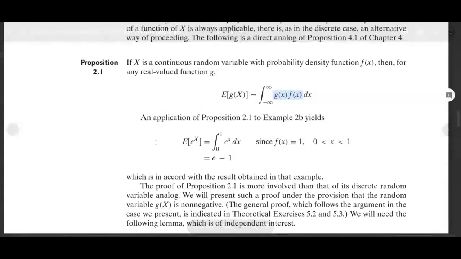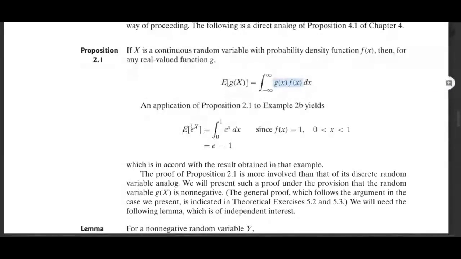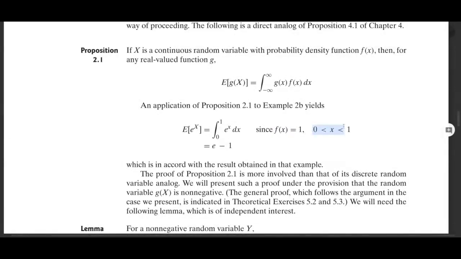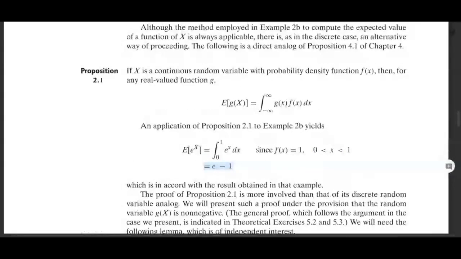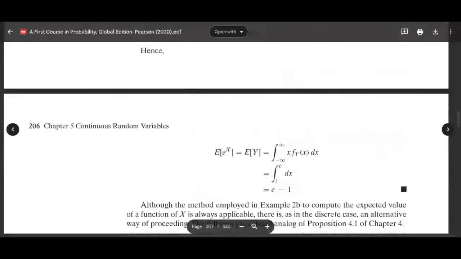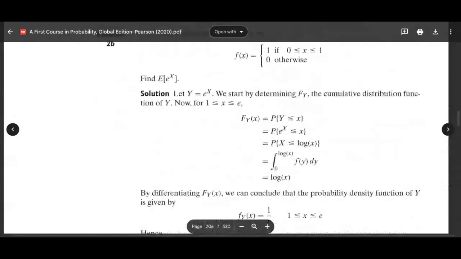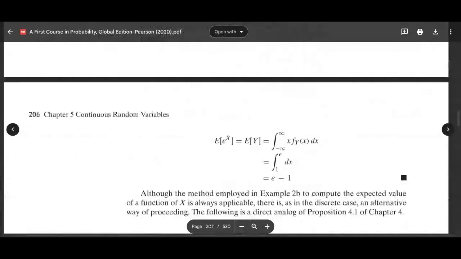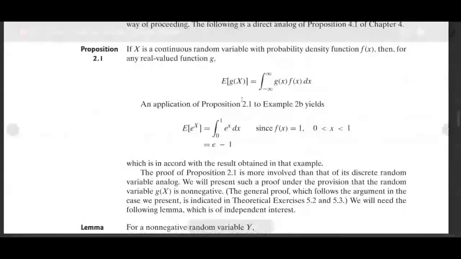So an application of this: e to the x multiplied by f of x, right? But f of x is defined as 1, and x is going from 0 to 1, so that's e minus 1. Okay, this proposition is so useful, right? So now we can use this proposition to deal with these kinds of questions.